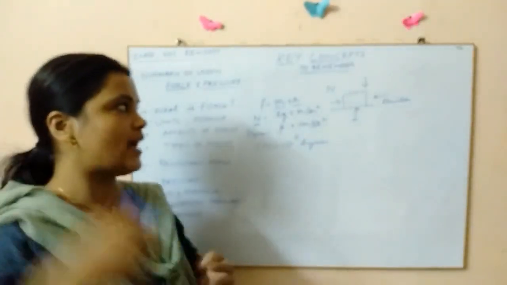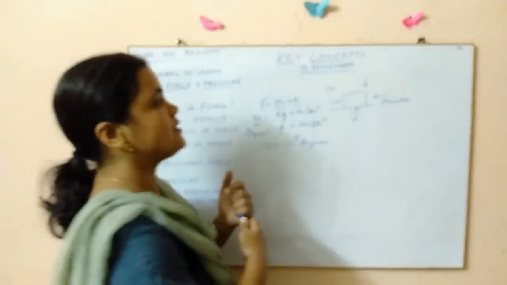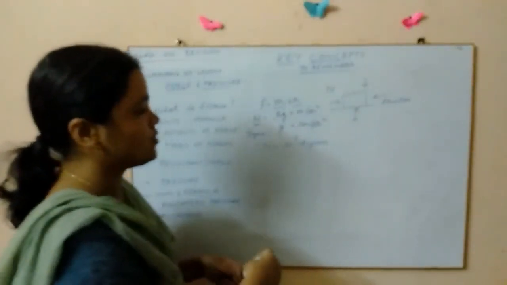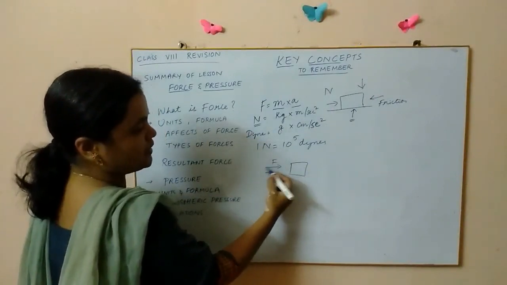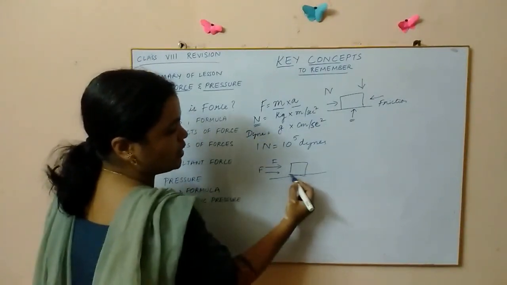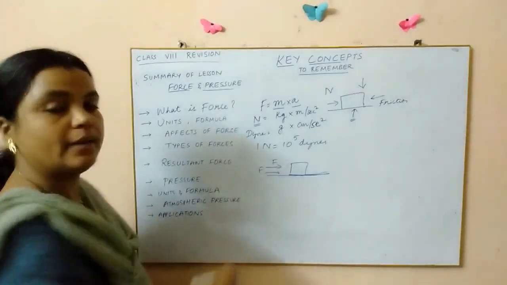There are some cases we have discussed. First case, when two forces act in the same direction. So what happens when two forces act in the same direction? Tell me, children.